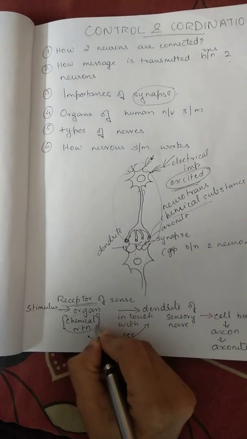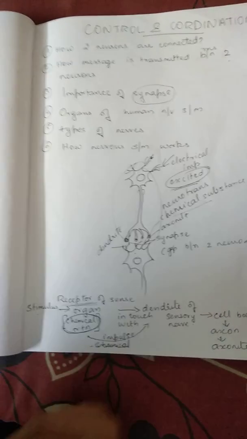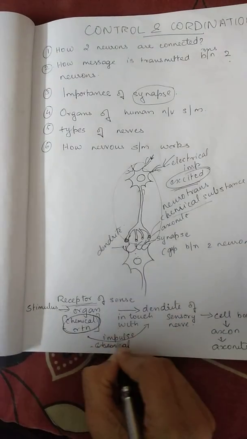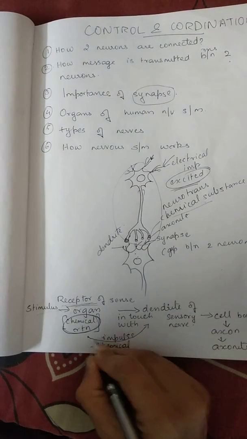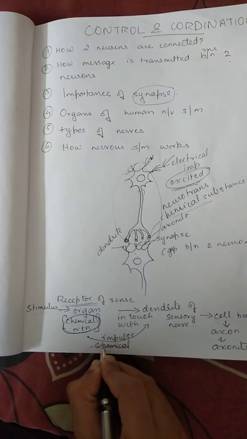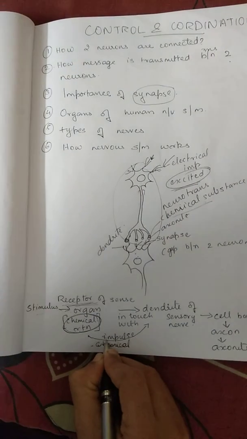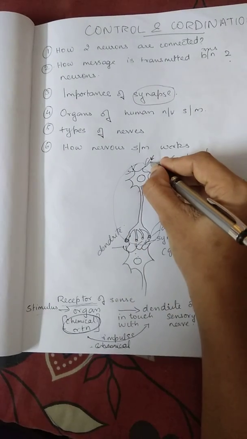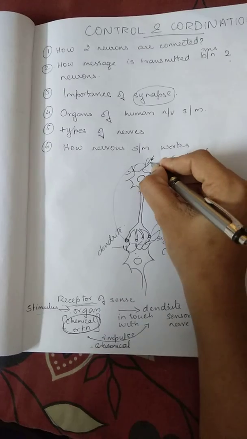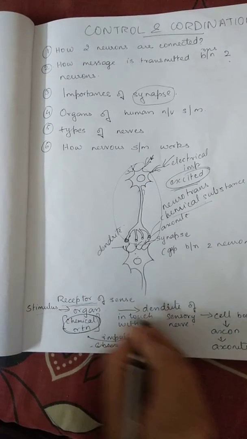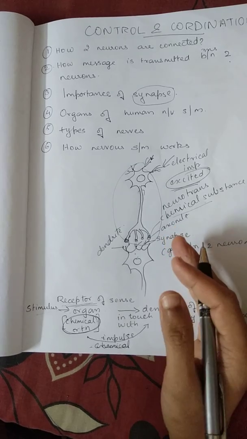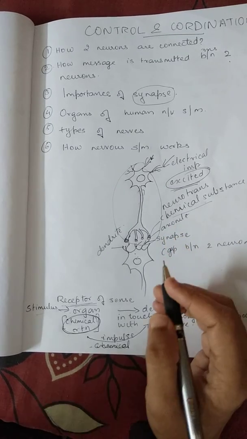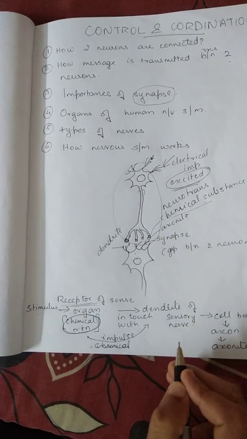Because of this chemical reaction, an electrical impulse is generated, and this electrical impulse is received by the dendrite of the first neuron. Which will be the neuron? Because from the eyes it has to go to the brain, right? So it will be a sensory nerve, right?